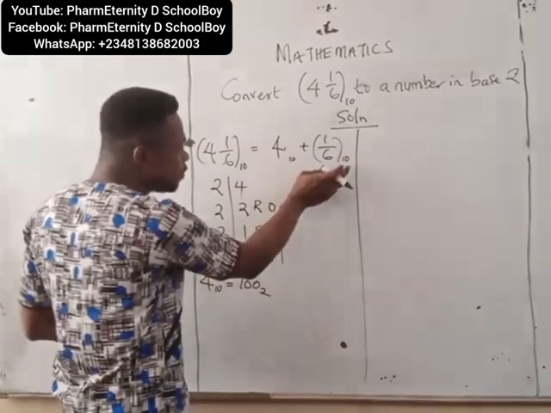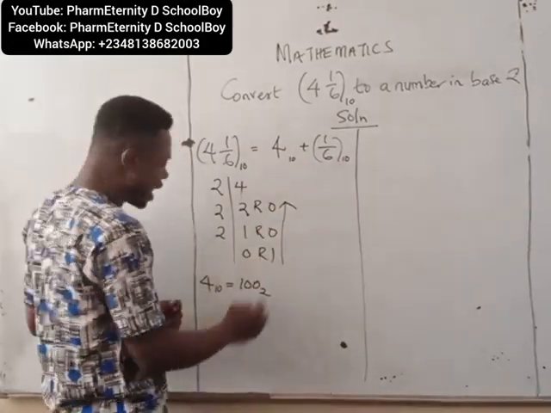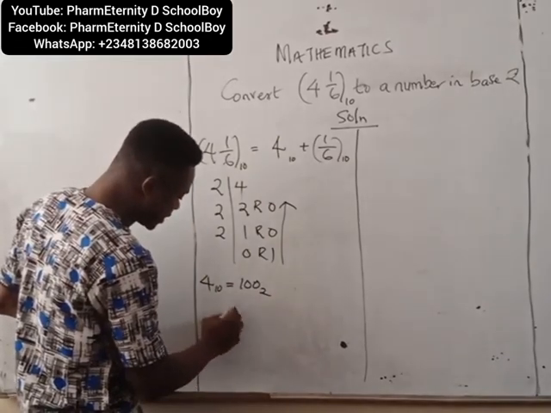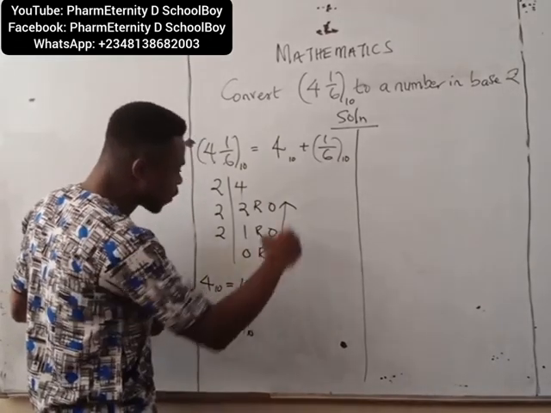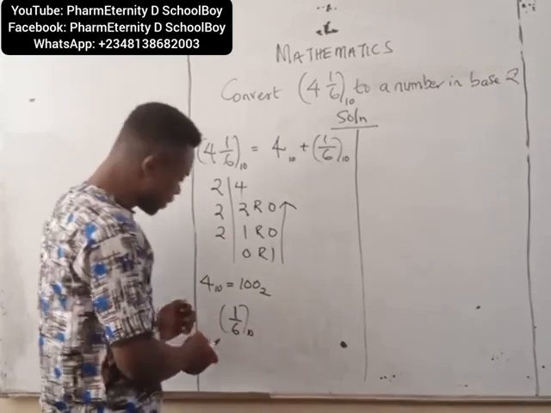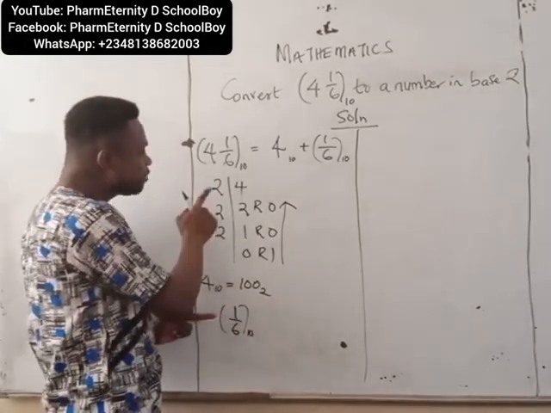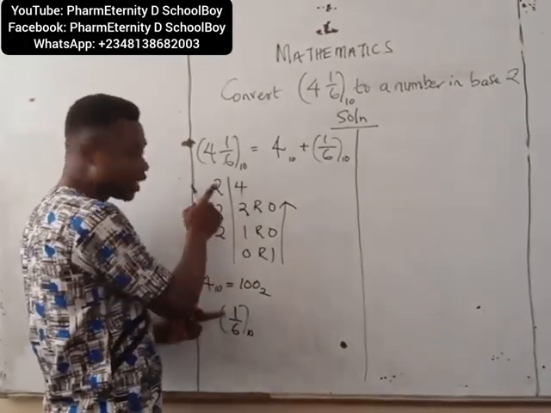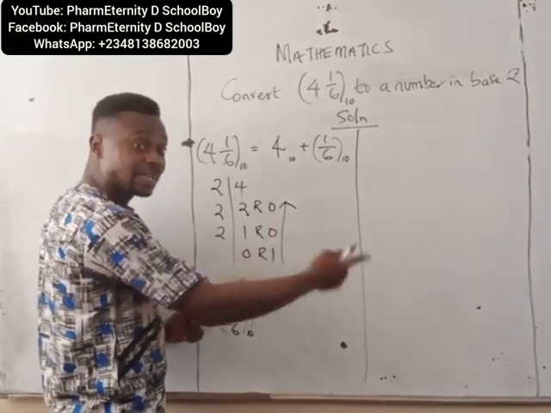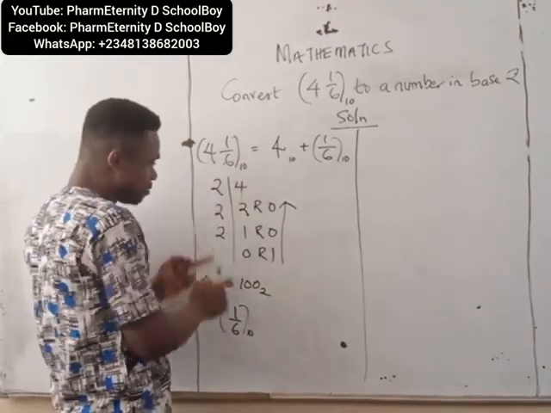Now let's tackle this one. Here we have 1/6 in base 10. How do I convert it to base 2? See what you do here. Instead of dividing this number by 2 as we did here, we multiply by 2.